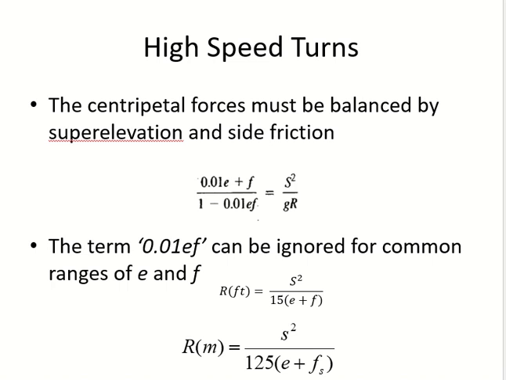Times R. R is there. How did I get 15 here? What else did I do to this equation? This is in feet, so what do I need to convert now? In all this equation, which is required to be converted?